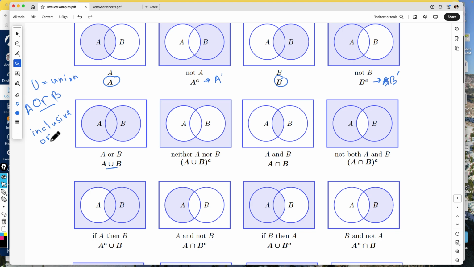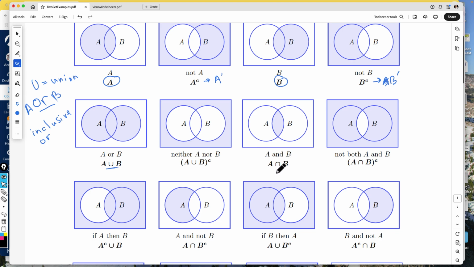In logic, you don't. You could have the swirl cone with the chocolate and vanilla. That was my favorite. Get a little bit of both, right? So this is the inclusive or: chocolate or vanilla or both. I'll take both. Typically in our language, when we use or, it's exclusive, one or the other.